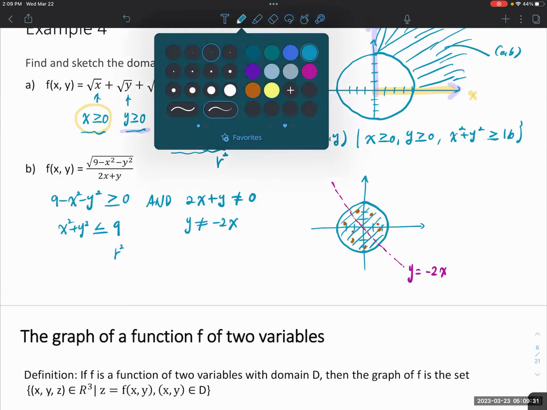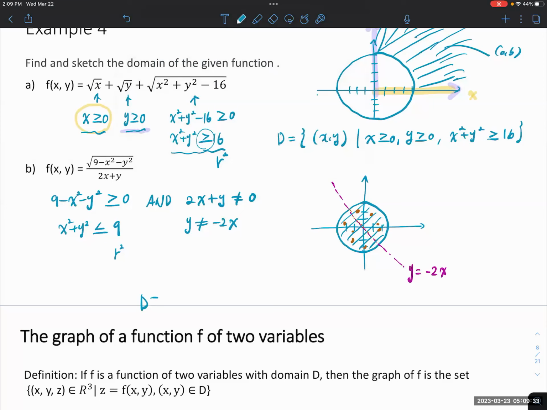So the domain will be: x, y, you can have any coordinate points such that x squared plus y squared is less than or equal to 9 and y is not equal to negative 2x. That's the domain. That's it.